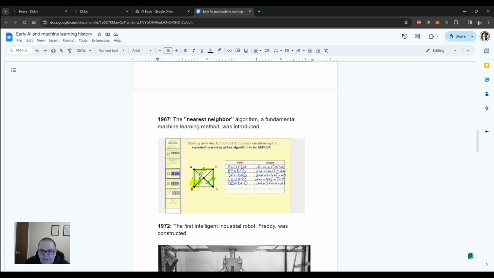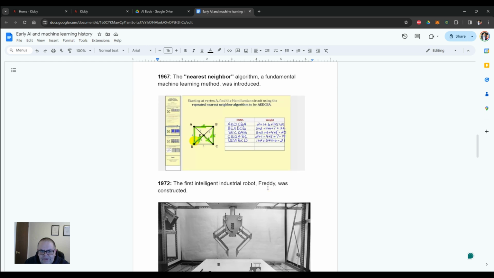So you can see A, E, D, C, B, A, which is 2 plus 1 plus 6 plus 7 plus 5 equals 21. And if you go the other way, start with B, then go to E, then go to A, then D, C. That's 22. So this method started in 1967.